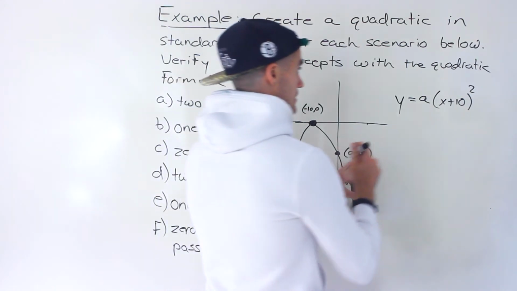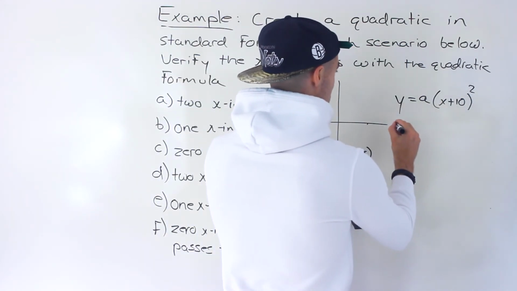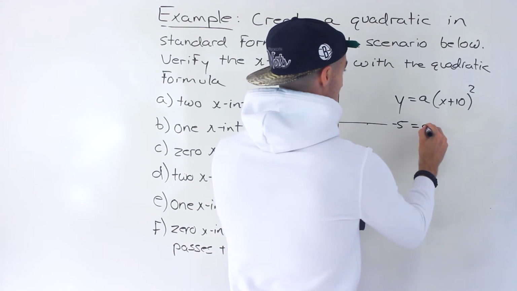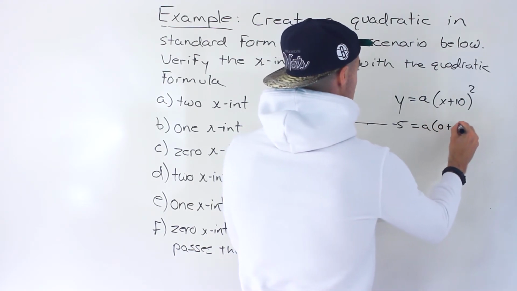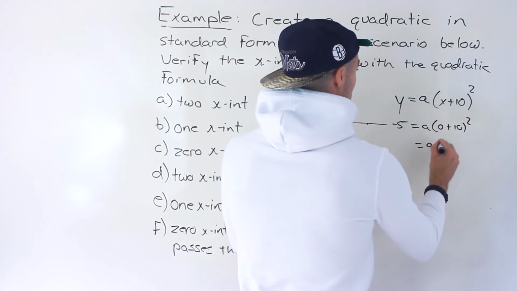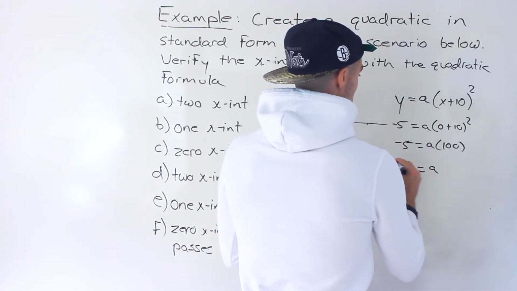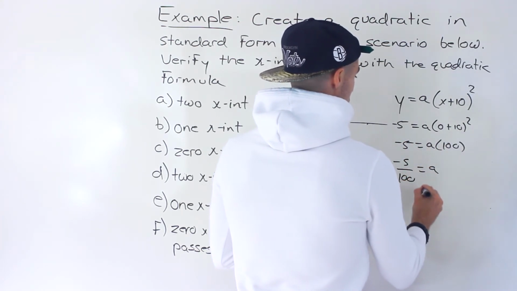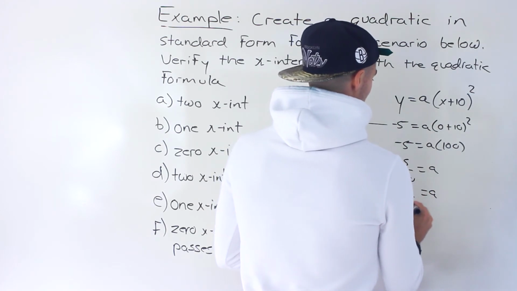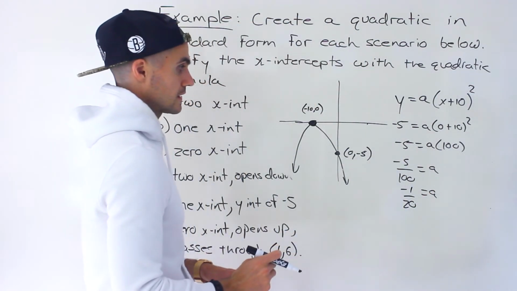So then we could take this and plug it in here. So we'd have -5 equals a times 0 plus 10 squared. This would be 100. So the a value would be -5 over 100, which would give us -1 over 20, like that.